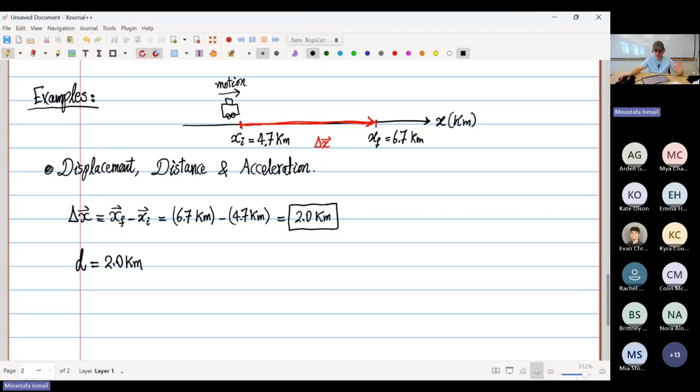So displacement can be positive or negative, but distance is always non-negative. For acceleration, we don't have enough information, so we need more. We need some information on how fast the cart was going and how long did it take to cover this distance. So this is given in the rest of the example.